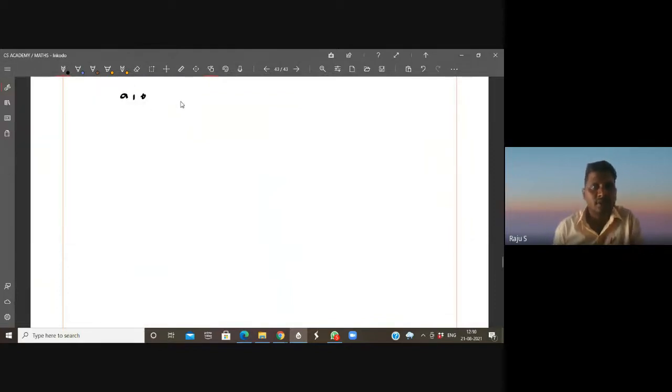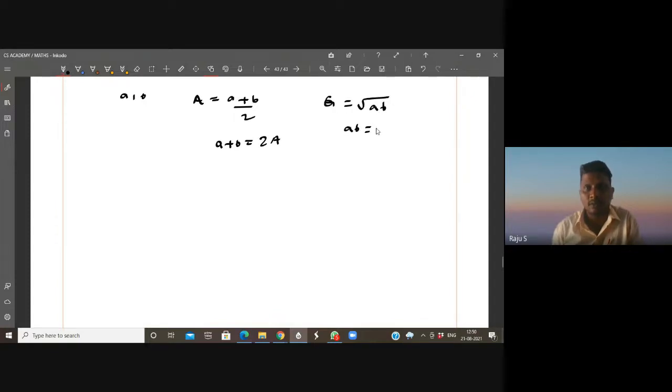A comma B are any roots. Arithmetic mean is A plus B by 2, so A plus B is equal to 2A. And G, the geometric mean, is root AB, then AB is equal to G square. H is the harmonic mean, 2AB by A plus B. 2 into AB means G square by A plus B, whose value is 2A, so it cancels. So G square is equal to AH.